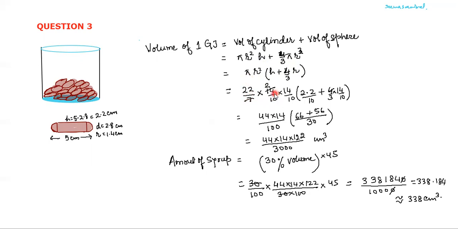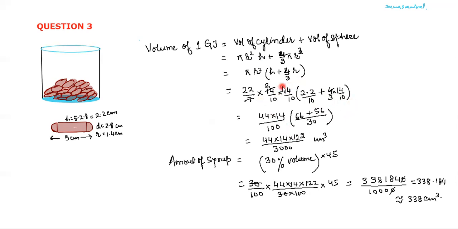Radius is 1.4. Remove the decimal, 14 upon 10. Similarly, r square is there, so one more time you have to write 14 by 10. Then height of the cylindrical portion is 2.2 centimeter. Remove the decimal. So that is 22 by 10. And then this is 4 by 3 r, 14 by 10.